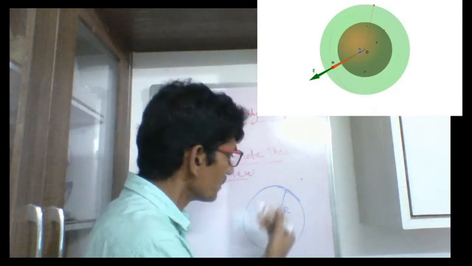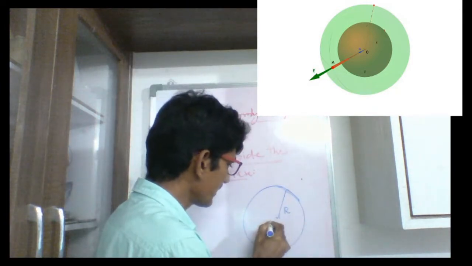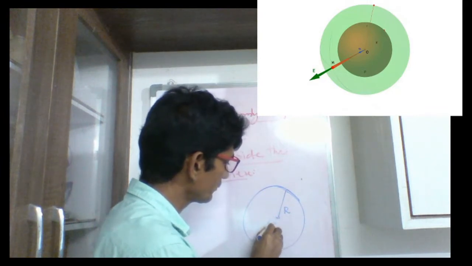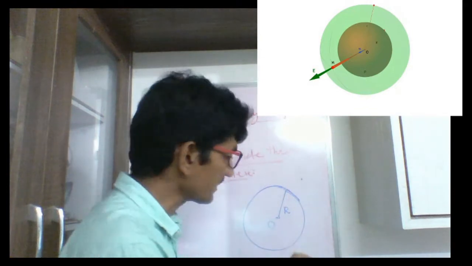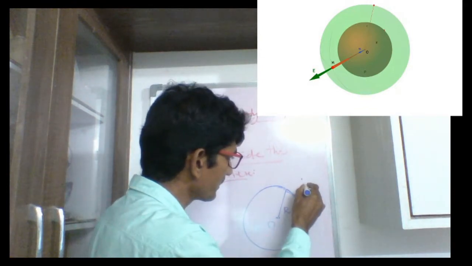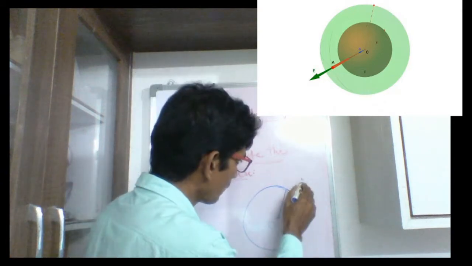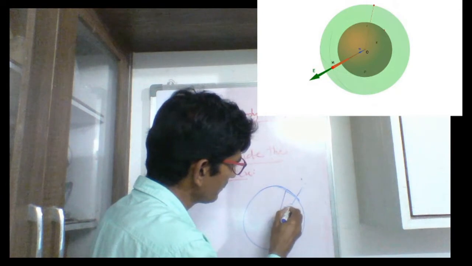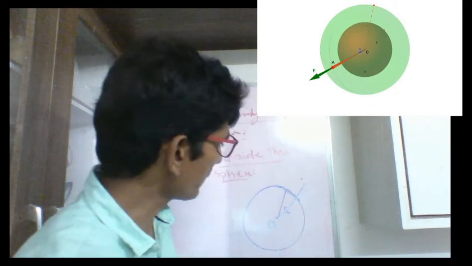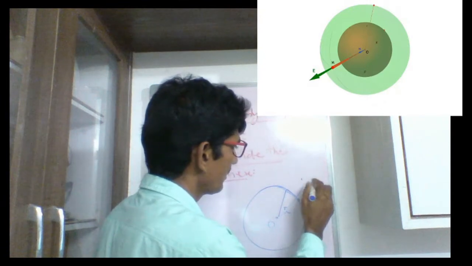You want to find the electric field at some other point, which is located outside of the sphere. Say this point P.